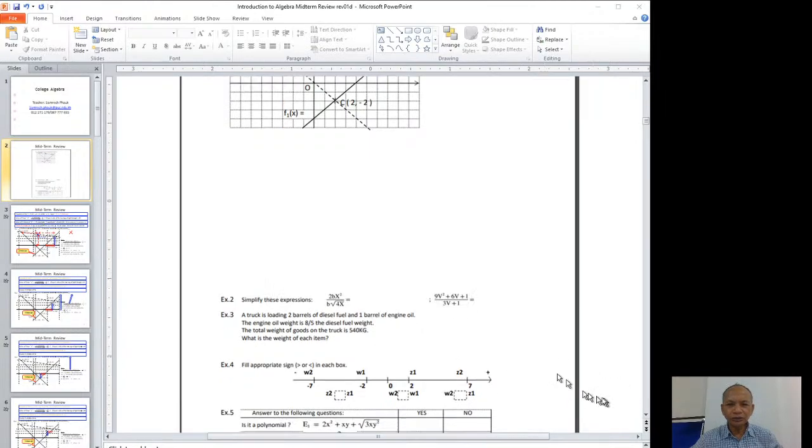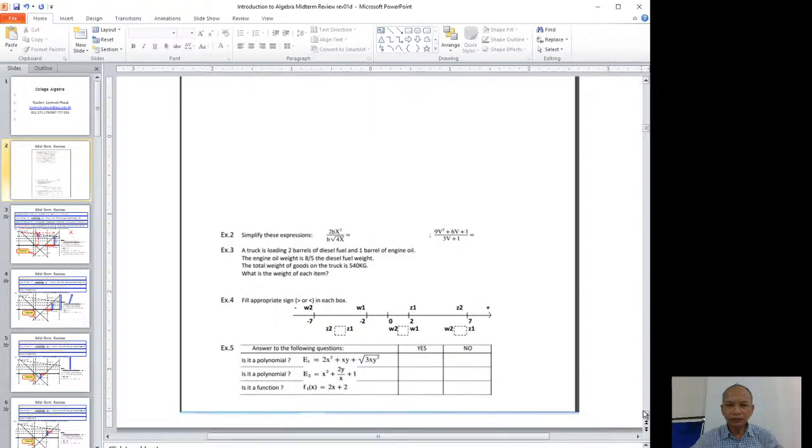And exercise number 4 is easy. It's just for you to remember the relationship between two numbers, which one is bigger, which one is smaller. Then exercise number 5 is a bit tricky.